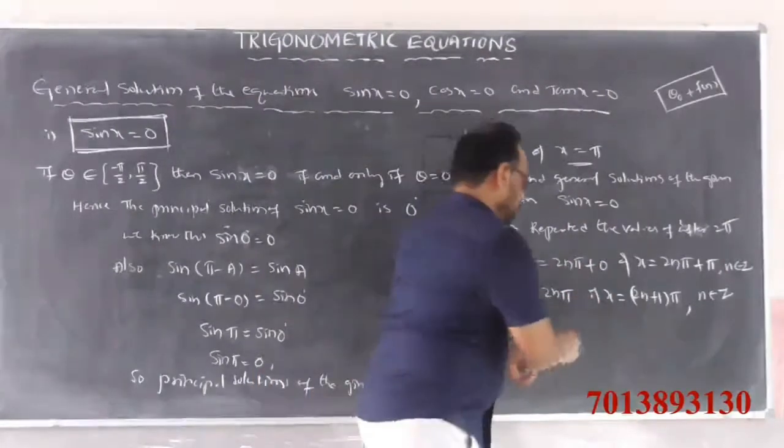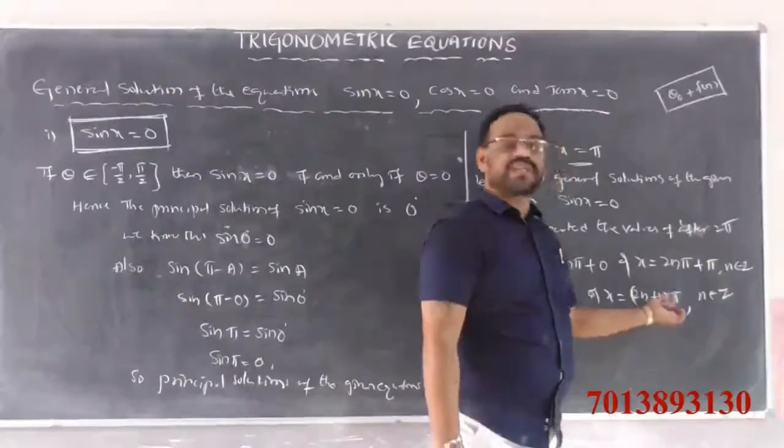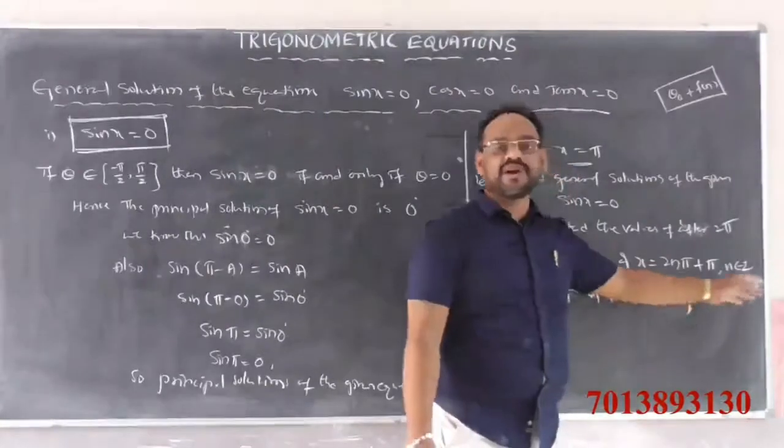Or, taking π as common, x equals (2n plus 1)π, where n belongs to the integers.